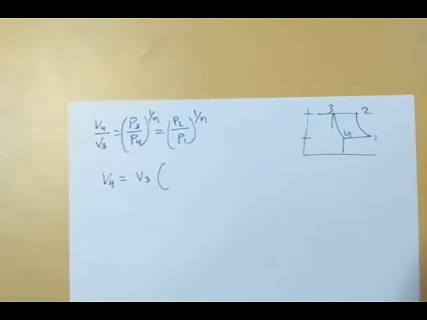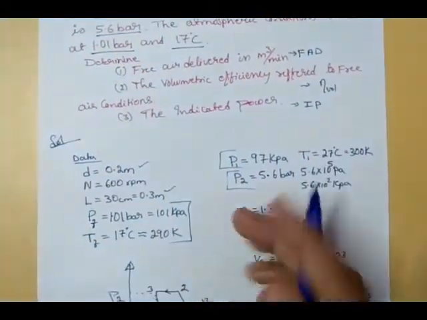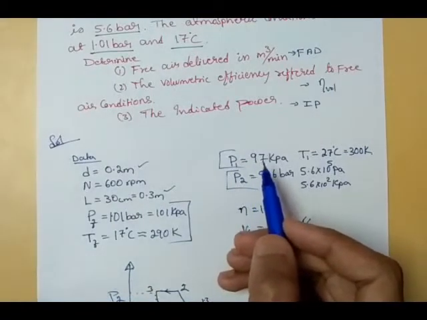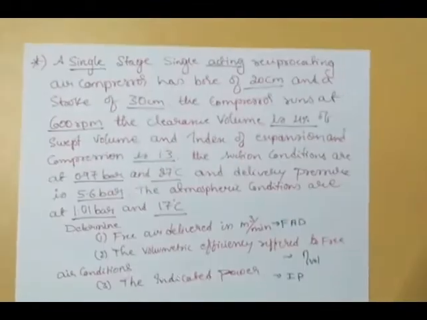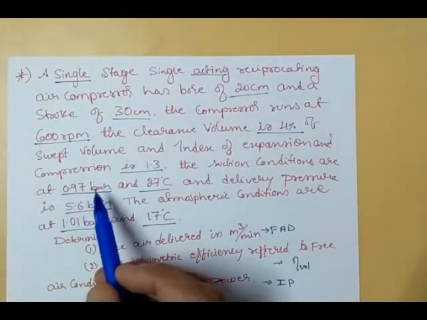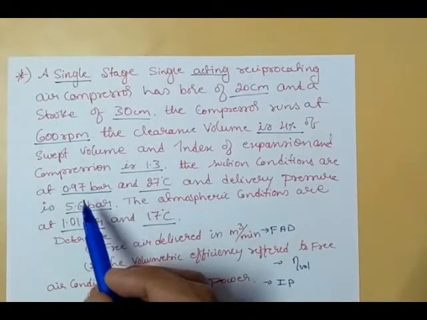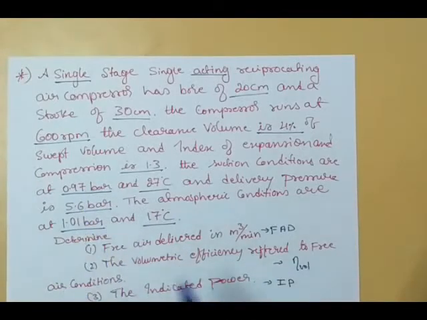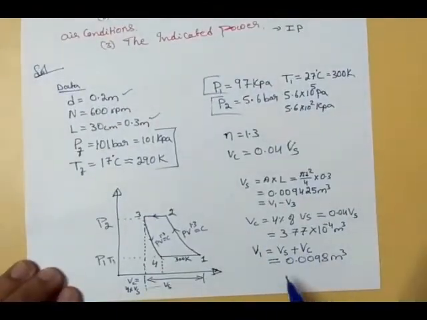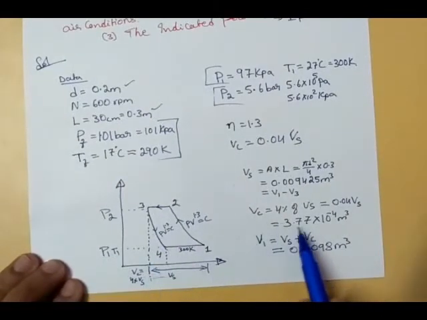P2 is 97 kilopascals, or in terms of bar, if we substitute, then also it is fine because it is a ratio of terms, 0.97 by 5.6. Then n is given as 1.3, and V3 is equal to 3.77 into 10 power minus 4.